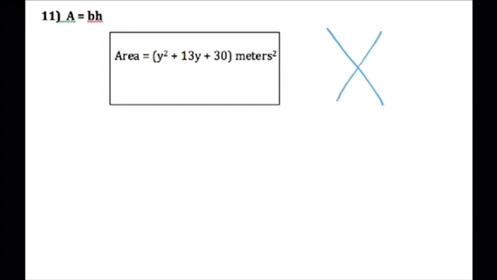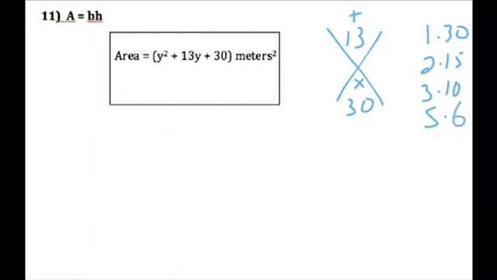So I'm looking for two numbers that when added together give me 13, and when multiplied give me 30. So if I look at the factors of 30, I have 1 times 30, 2 times 15, and 3 times 10. I also have 5 times 6.